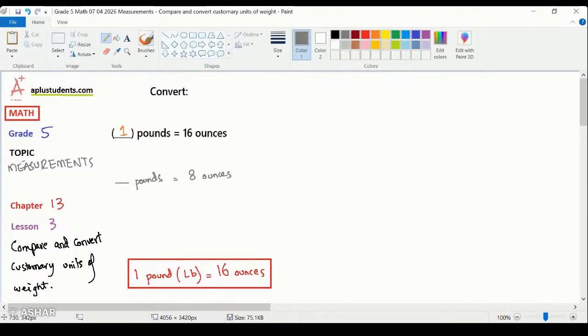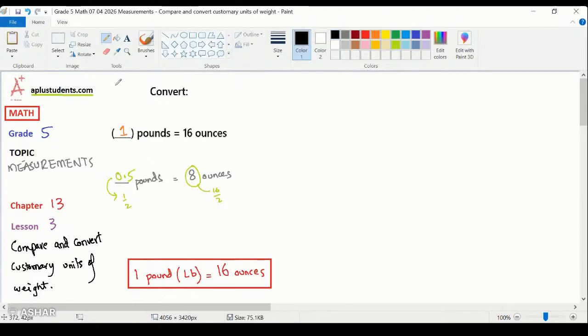So how many pounds would be 8 ounces? We can see that 8 is equal to 16 upon 2, right? 16 is our reference point. That means this would be 1 pound divided by 2, that means 0.5 or half a pound. Agreed?